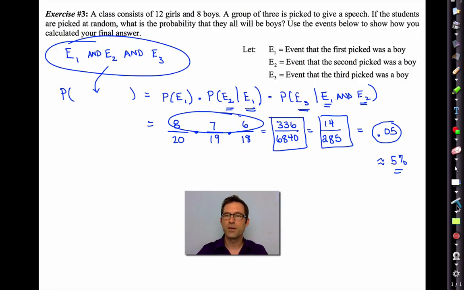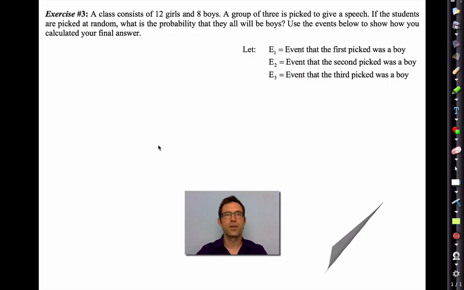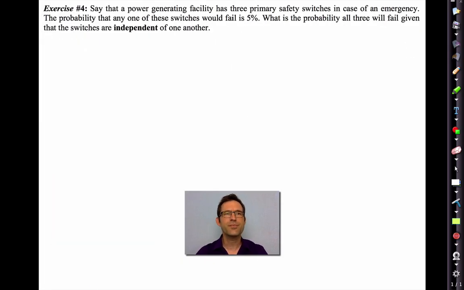Okay. Clear this out. Take a look at number 4. Say a power generating facility has 3 primary safety switches in case of an emergency. Okay, so this is actually an engineering calculation that happens quite often. So you got these 3 safety switches, and there's an emergency, and if one of the switches fires, everything's okay.